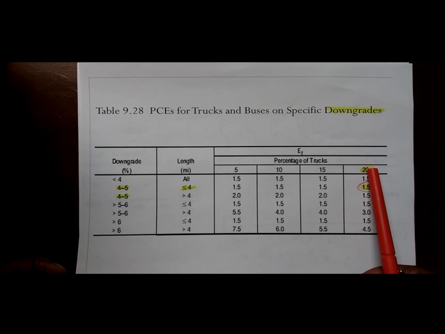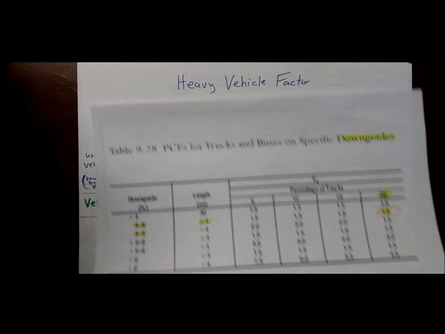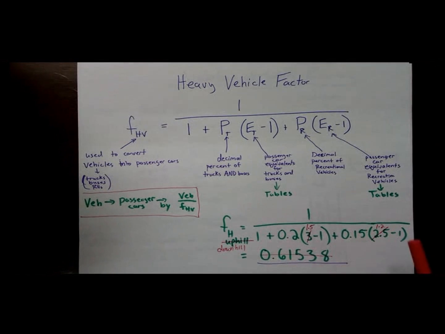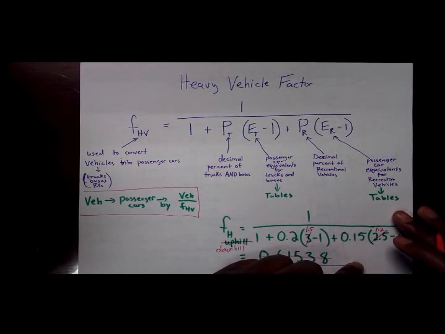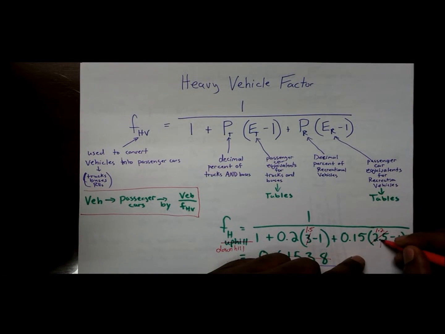And we know we have 20% here, so 1.5 is what we're going to be using. We also use 1.2. And 1.2 is always going to be the assumed value for RVs going downhill. So it doesn't have a table because we assume that it's 1.2. So this is always for RVs only downhill.